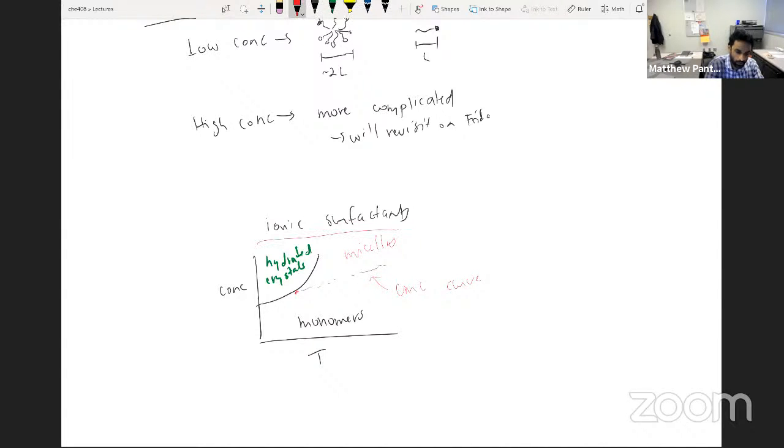So this is the case for ionic surfactants. For non-ionic surfactants, if you increase temperature, it decreases solubility. So regardless of what type of surfactant, these micelles are oftentimes defined by what we call a cloud point.